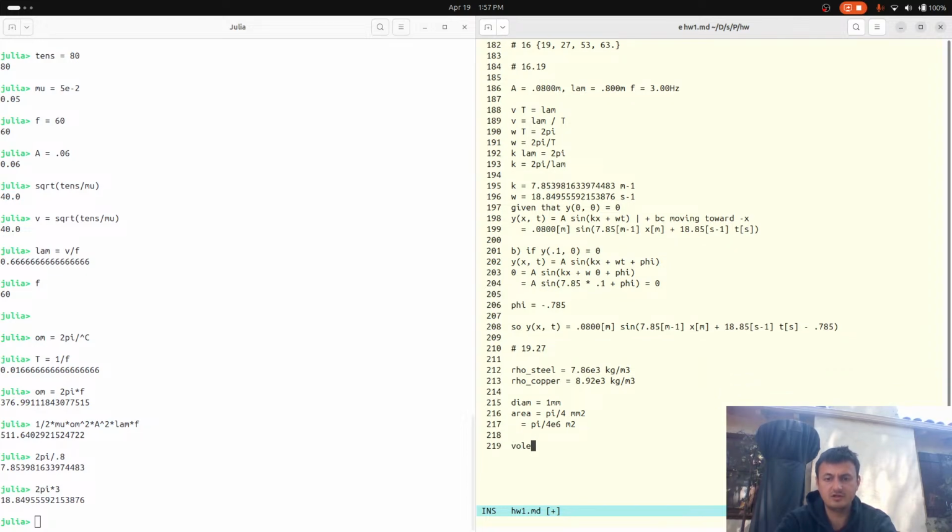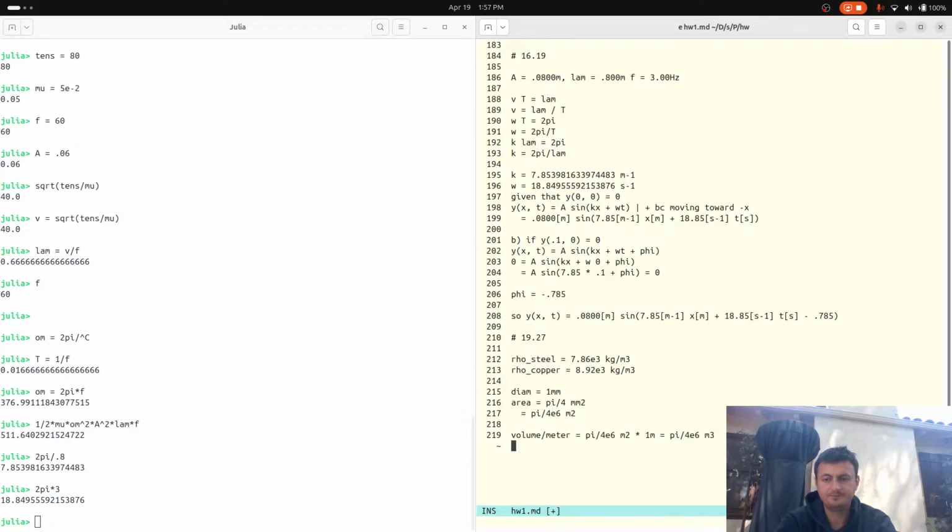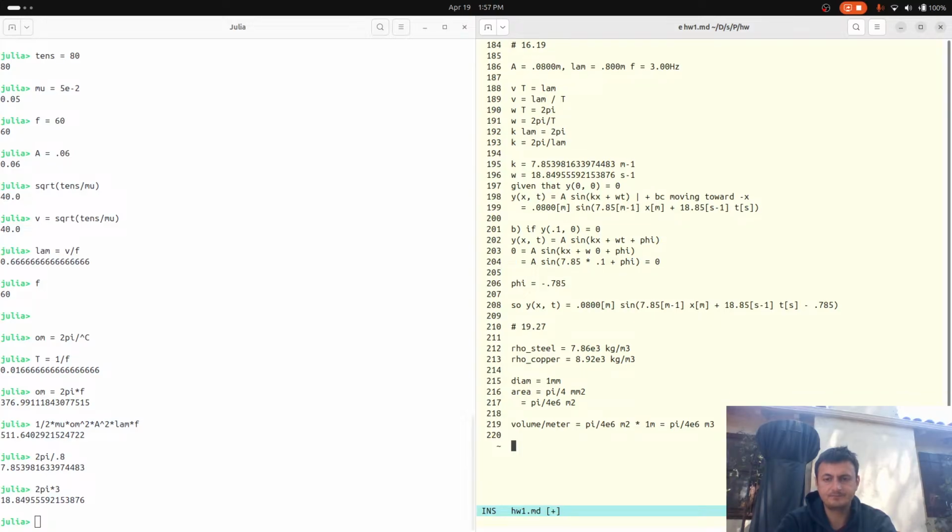So then the volume per meter is equal to pi over 4e6 meters squared times 1 meter, which is pi over 4e6 meters cubed. Okay, so then mu steel is equal to rho steel times volume per meter.